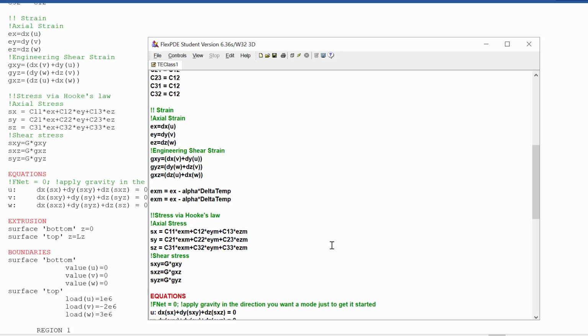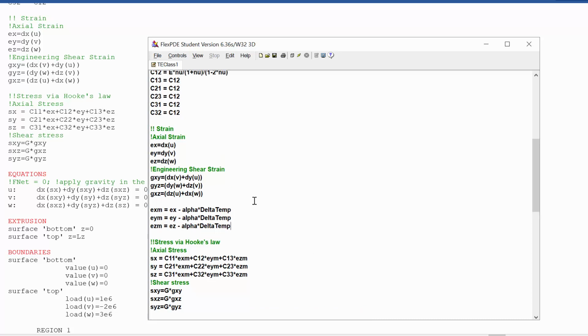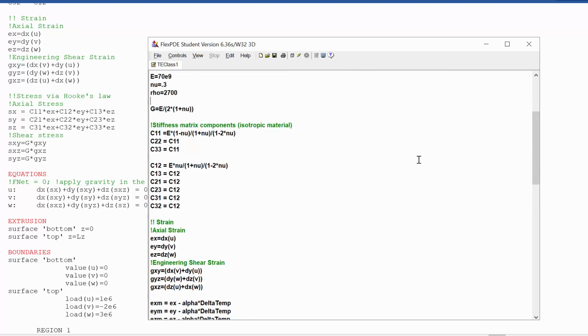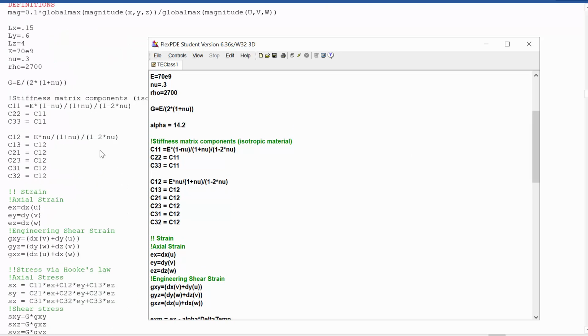And EYM will be EY minus alpha delta T, and EZM is EZ minus alpha delta T. Okay, now we just need to define what alpha and delta T are, and we'll put that up here. Let's suppose alpha is 14.2 for gold?